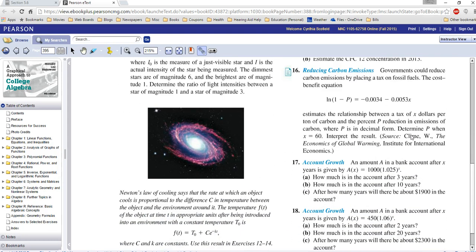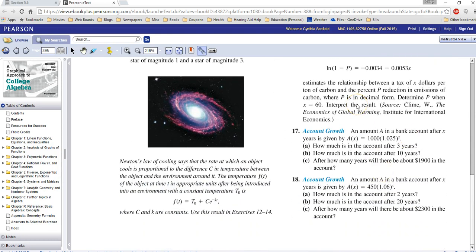Number 18. The question says, an amount A in a bank account after X years is given by A of X equals 450 times 1.06 to the X power. Okay, so then we're trying to figure out first how much is in the account after 2 years, how much is in the account after 20 years, then after how many years will there be about $2,300 in the account.